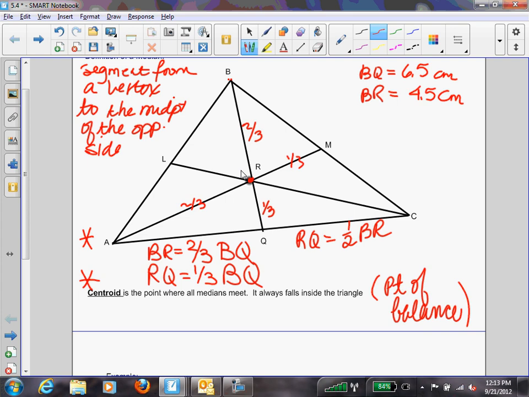Does that make sense? Y'all okay with that? Right. 2/3 is 1/3 plus 1/3, so that's going to be twice this value.